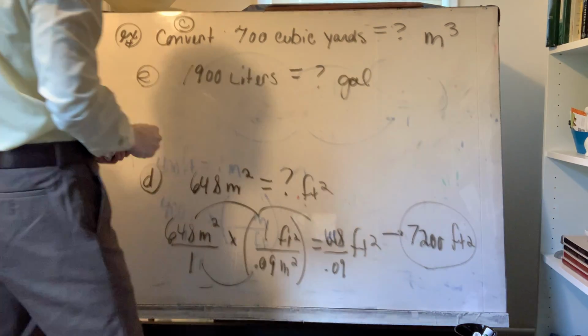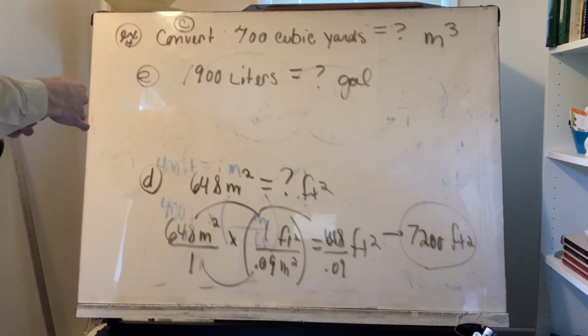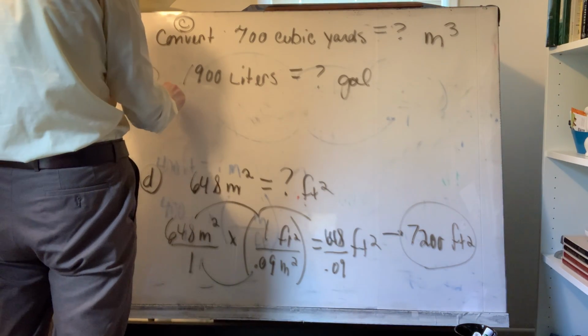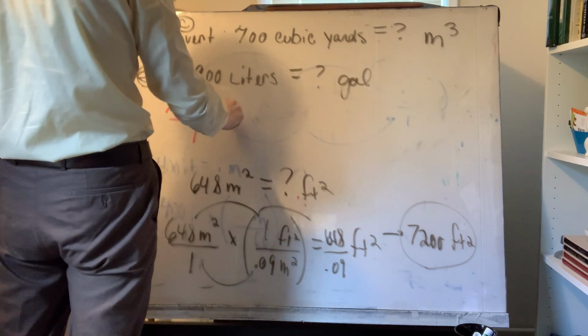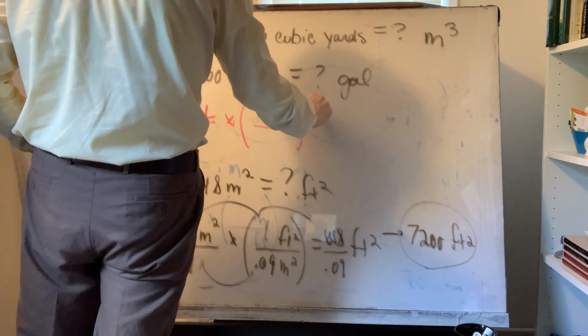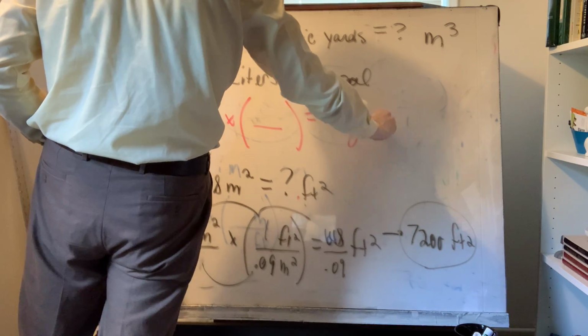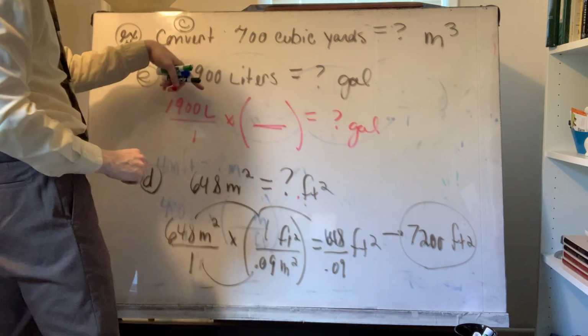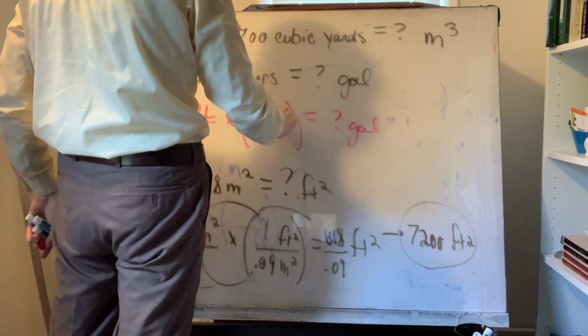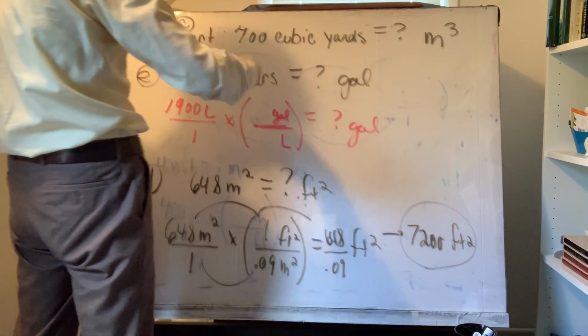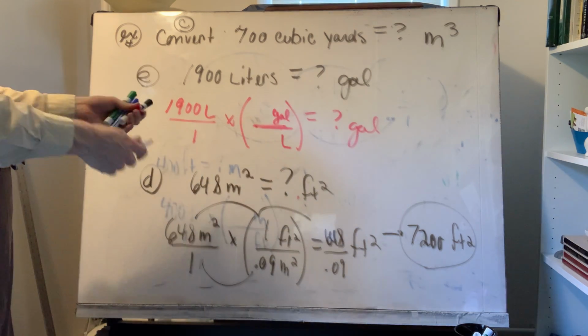Okay. 1,900 is what you're given, L over 1, times an appropriate conversion factor should give you so many gallons. Right? Again, if this is the unit you're given and this is what you want, then they would go here and here respectively. If there is a direct conversion factor already established, you can make one oftentimes.